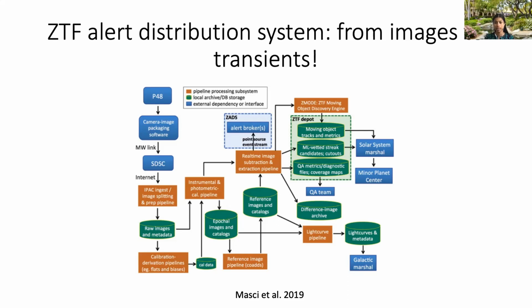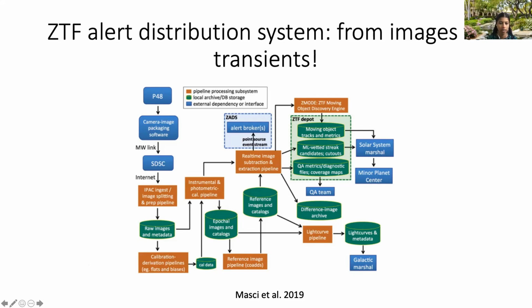And thus, ZTF spent some time early in the survey dedicated to building up a deep reference grid, so that even if you decide to trigger a target of opportunity observation that goes deeper than the nominal 30-second survey exposure, you would have a reference that's deep enough to perform the image subtraction.